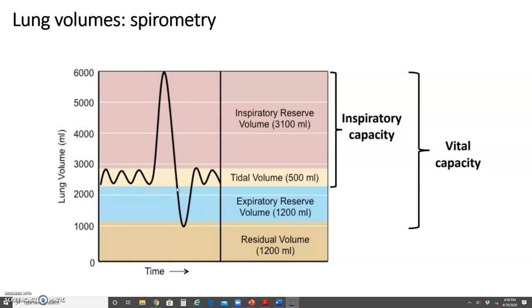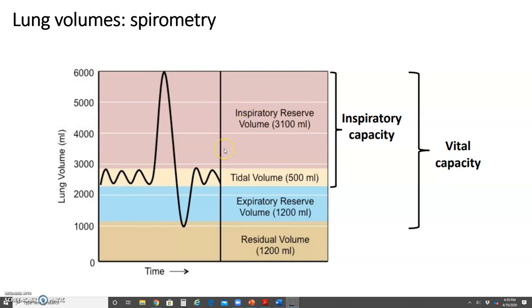That's the amount that you can exhale following a regular tidal exhale, like getting all the air out of your lungs. The volume for that is around 1,200 mils, whereas the volume for inspiratory reserve is around 3,000.